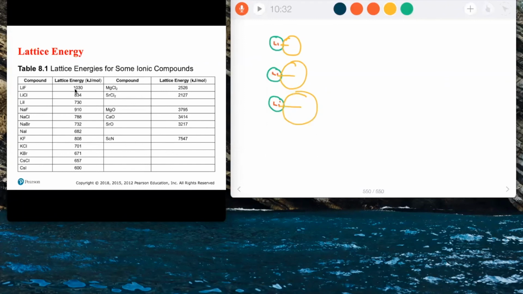Therefore, the lattice energy keeps on decreasing. It is much easier to break a long stick compared to the shortest one. It's going to need a lot of energy. This explains what you see on the trend here, the trend for potassium as well, the trend for cesium.